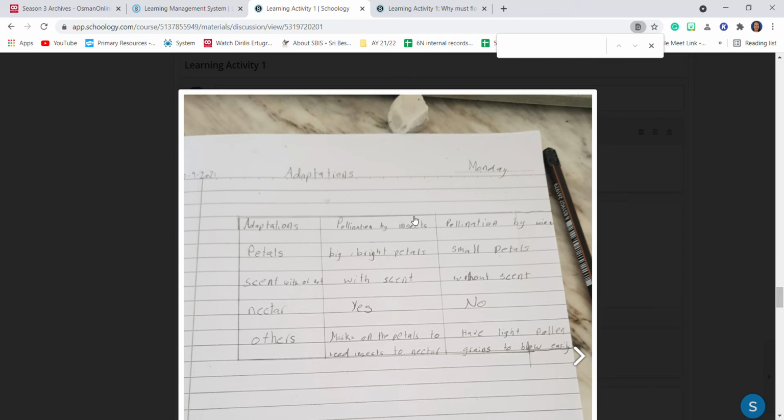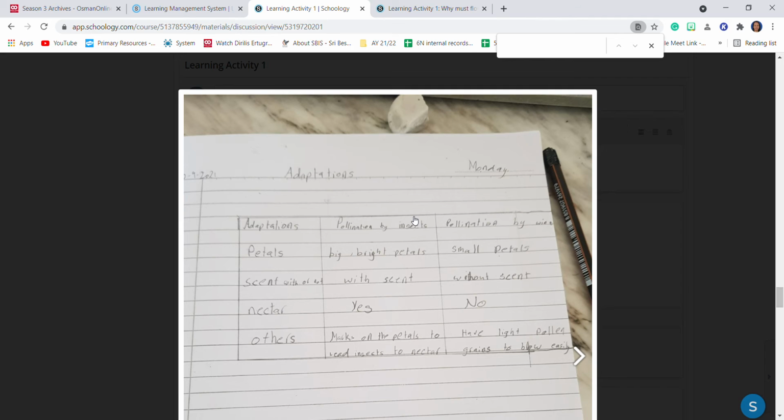If you notice, this is how the information looks. In order to understand it, you'll be able to see a comparison between the adaptations of flowers pollinated by insects and flowers pollinated by wind, in terms of petals. Flowers that are pollinated by insects have big petals with bright colors. Why?